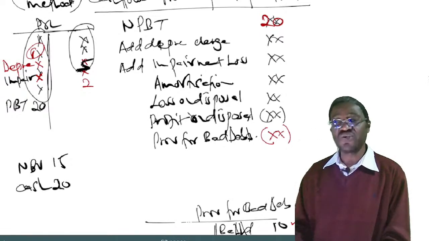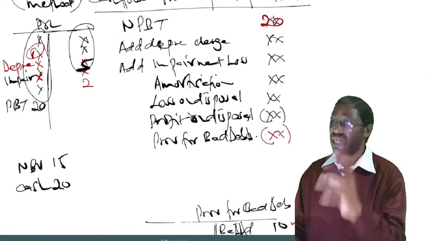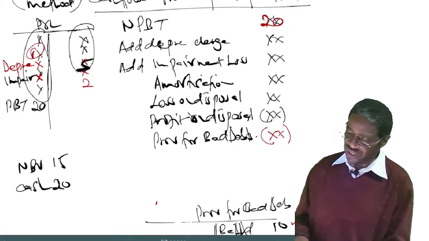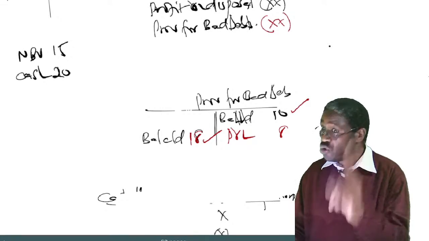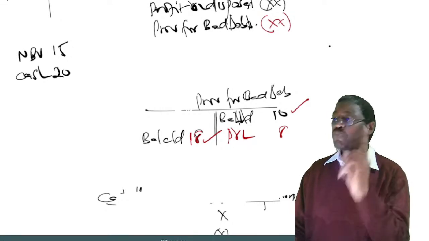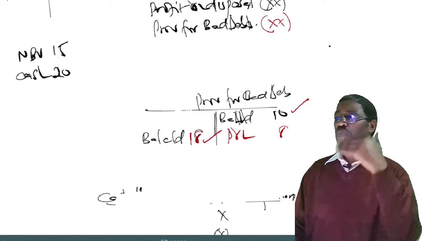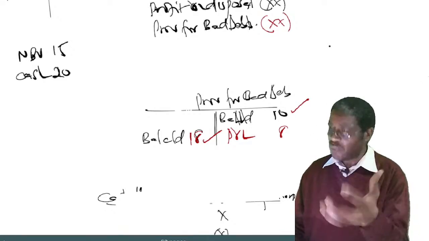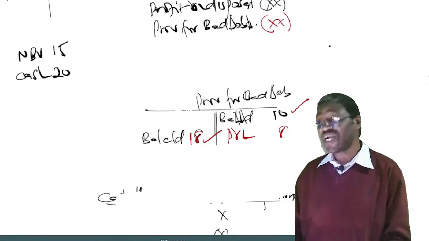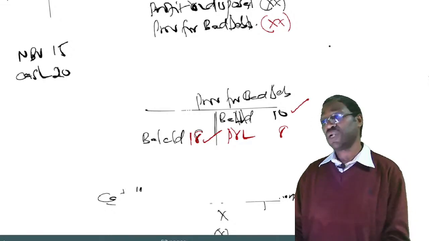That 8 million, you recognized it as a loss. Don't forget, a provision for bad debts is an anticipated loss. When you say provision, we normally consider it as an anticipated loss.